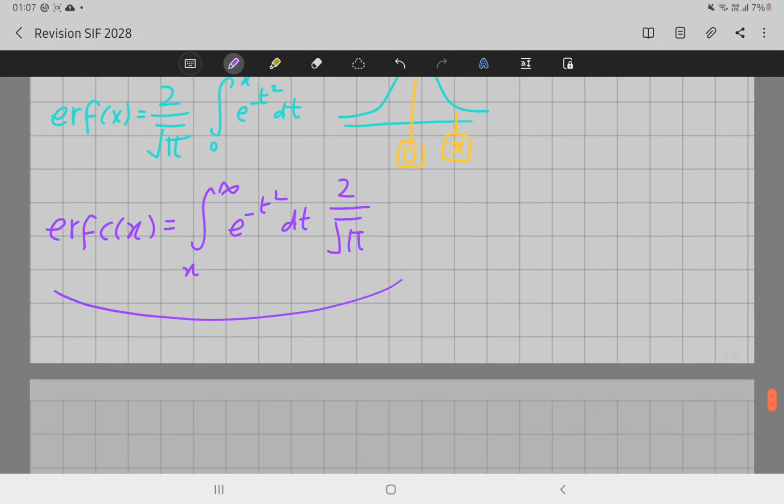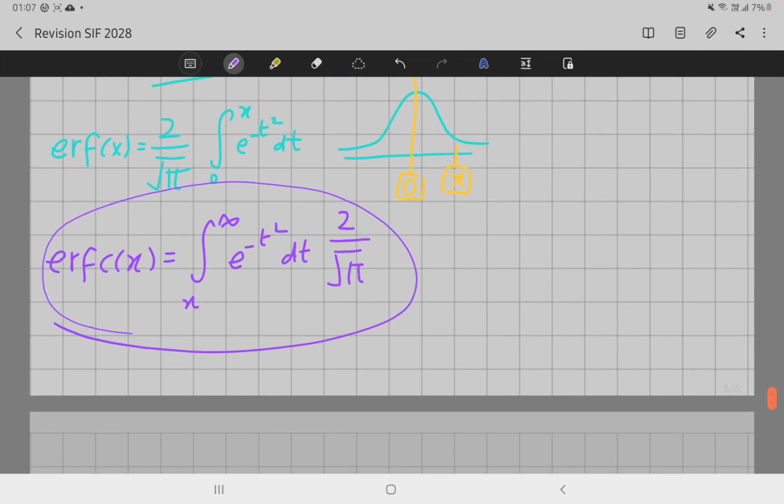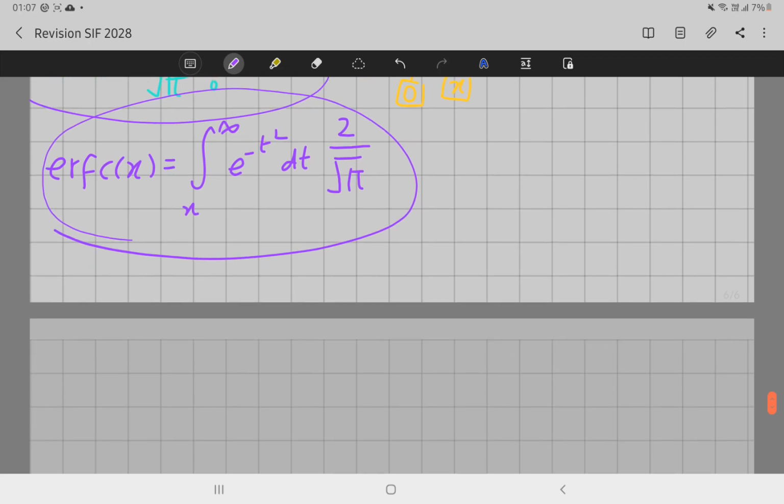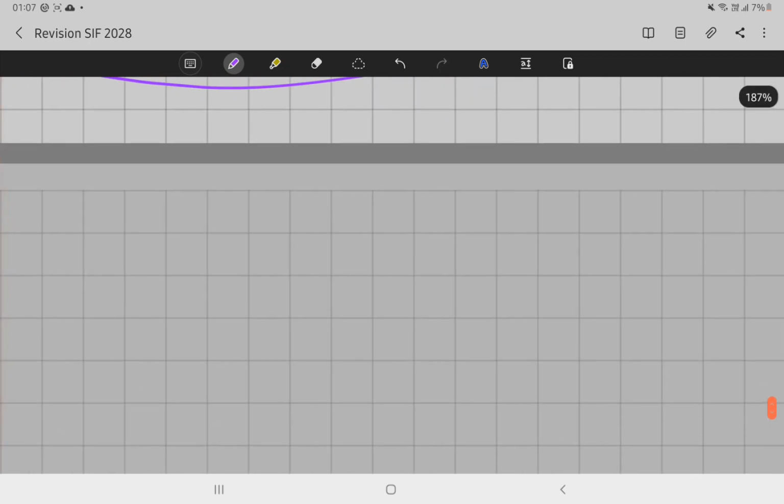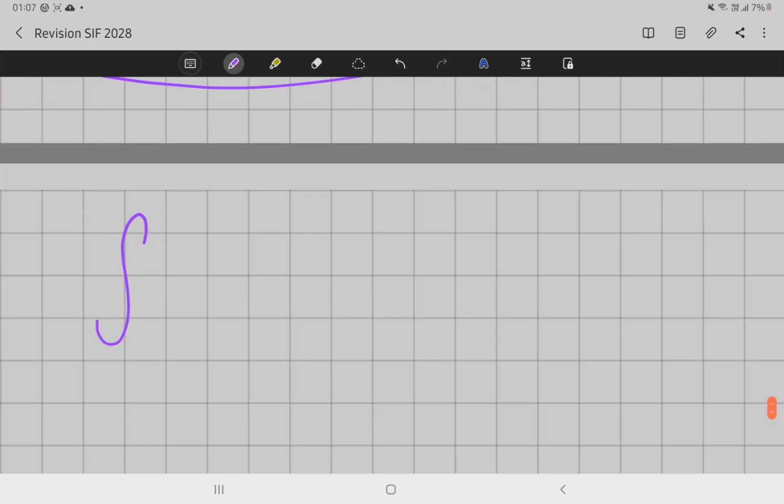How we can find the relationship between this and that is simply by considering the Gaussian curve integration. The integration from 0 to infinity of e to the minus x square dx is just square root of pi over 2.